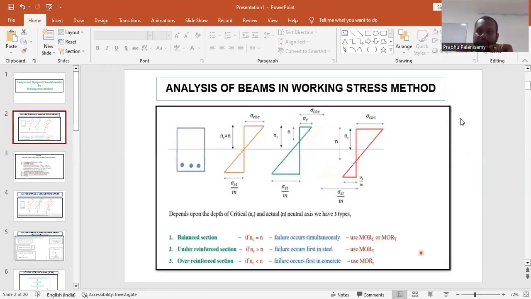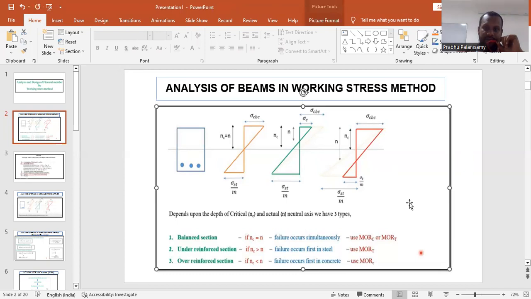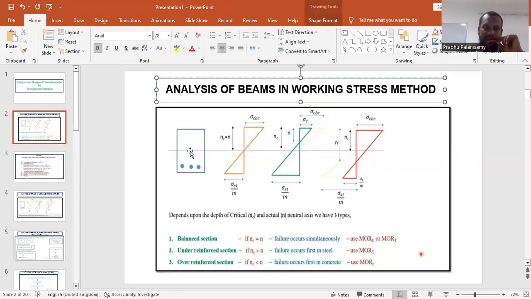Here we can see the analysis of a beam in the working stress method. Let us take a reinforced beam, which has two zones. We already know that a beam has two zones: this one is the tension zone and this one is the compression zone, and this line is called the neutral axis. In the tension zone we provide the steel, which is called a singly reinforced section.